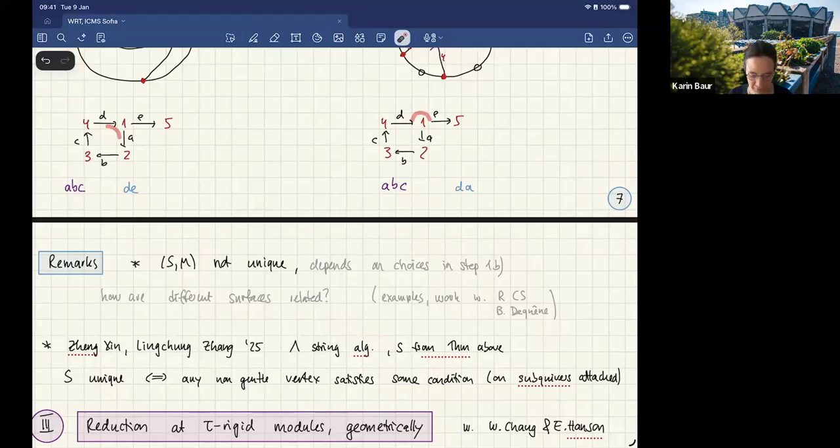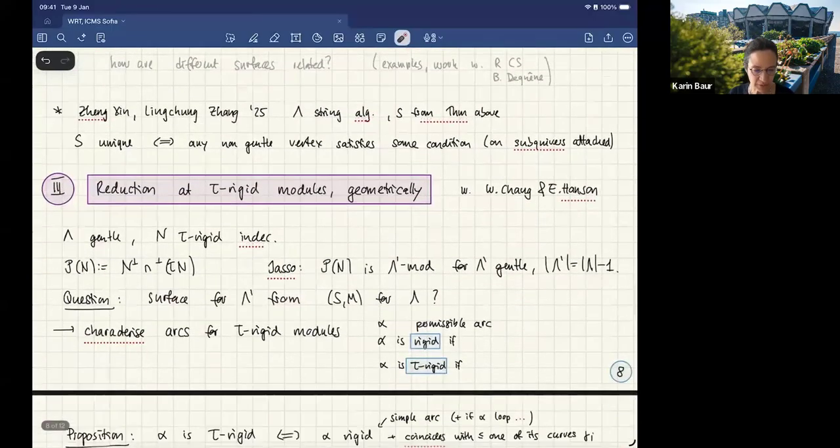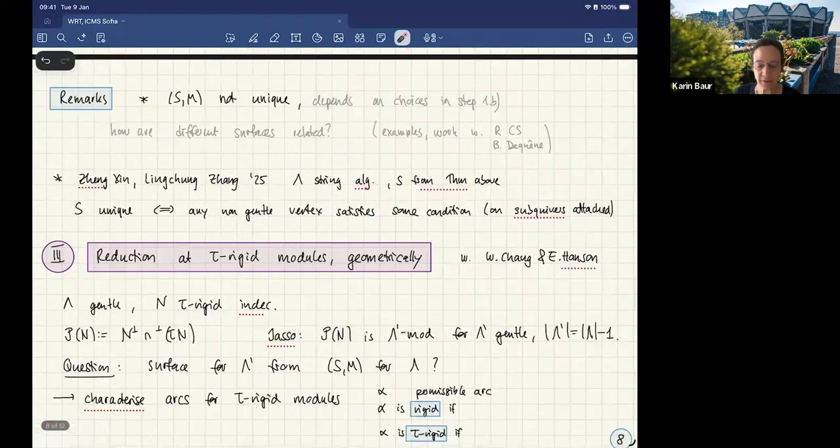And in the last part, I want to restrict again to gentle algebras and explain how we can use the surface model to describe tau reduction. So this is work in progress with Wen Chang and Eric Hansen. If we have a gentle algebra, there are some specific special indecomposable modules, the tau rigid indecomposable modules, and they can be used to go from a module category to a smaller module category by doing some reduction.